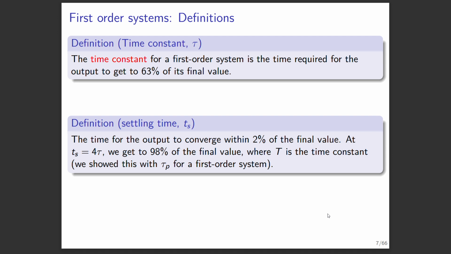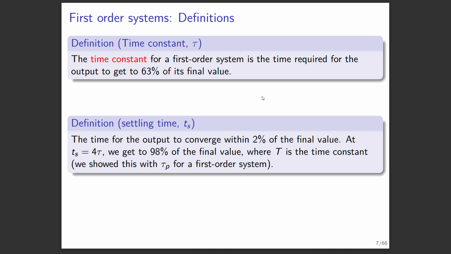So let's read it again. It's the time required for something to happen. So it's a measure for how quickly the system responds. That's why it's called time constant. It's a number that shows you how fast the response of this system appears. Okay, so that's the time constant.